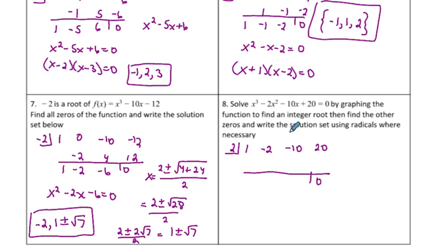We know that's going to be a 0. Bring down our 1. 2 times 1 is 2. This gives us a 0. 2 times 0 is 0. So negative 10. 2 times negative 10 is negative 20.